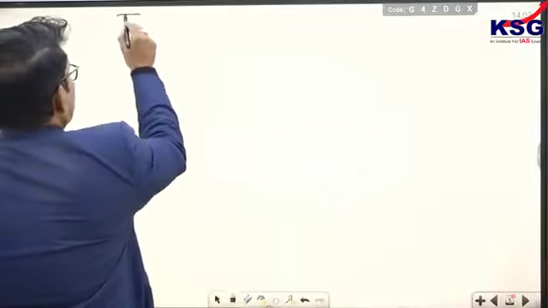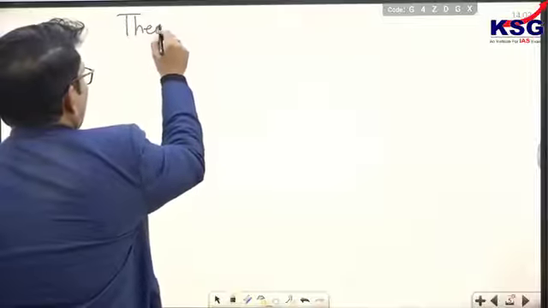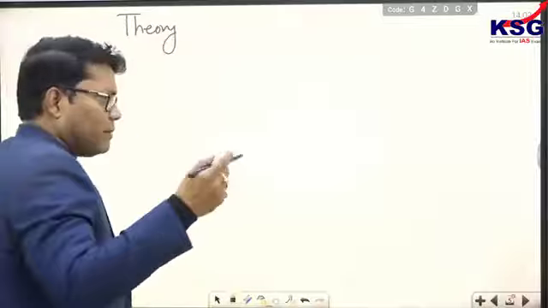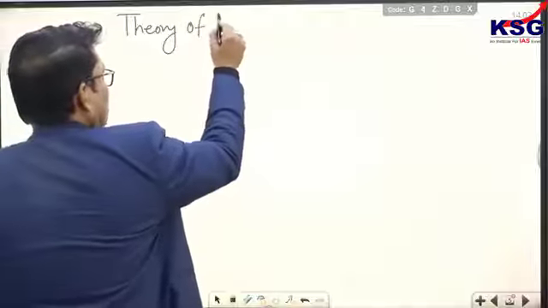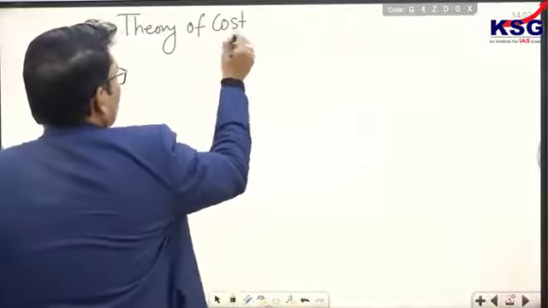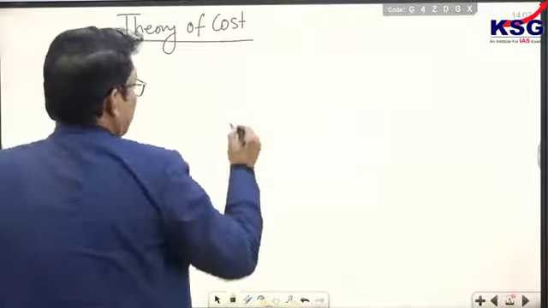So it is known as the theory of cost. I'm not going for the diagram, it's just the basic concept. This information will also help you understand the other parts of the economy.